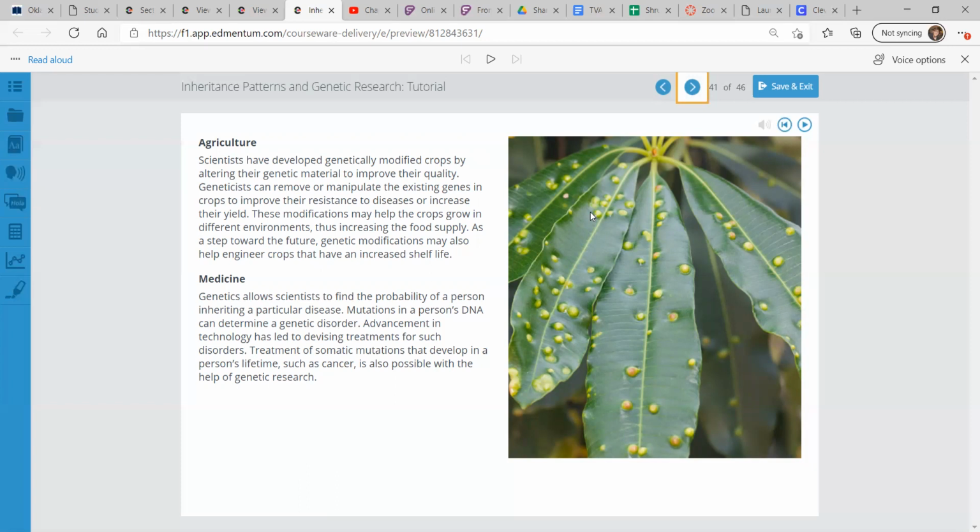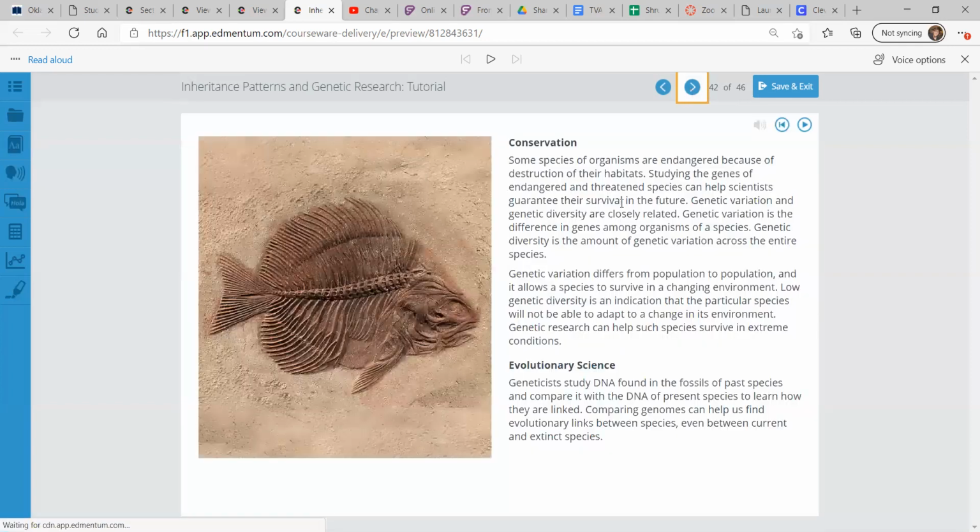Some would argue some of the genes could increase herbicide resistance. So I just say do more research.